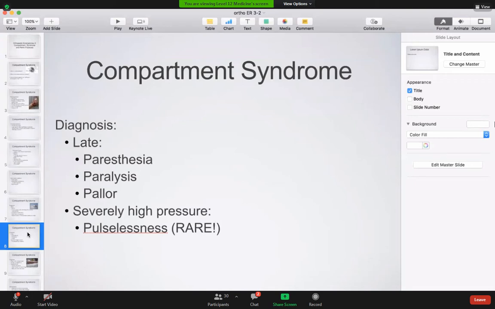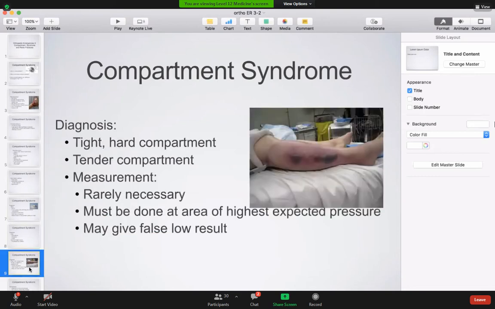Late signs: paresthesia, paralysis, pale skin, and in very, very extreme cases, you might have a pulseless limb, but this is a really late presentation. So again, besides these signs, you check for a tight compartment, tenderness in the compartment.